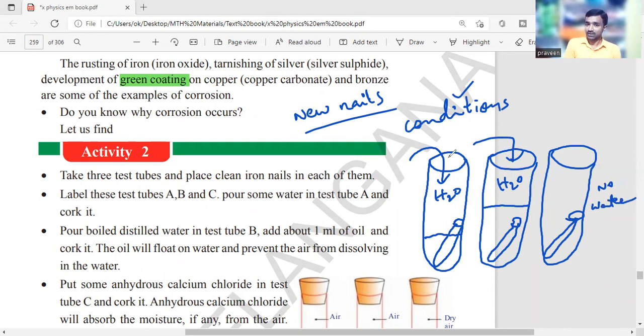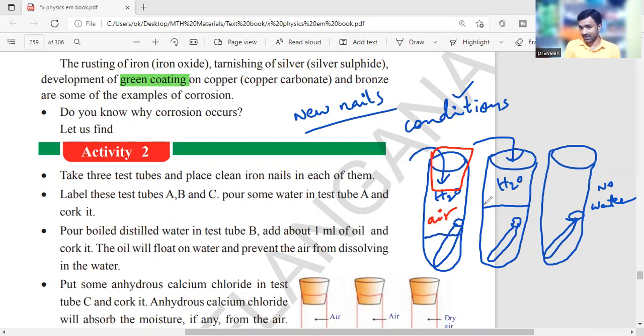Right. So here, I am closing the first test tube with the rubber cork. So here, in this, air gets trapped. Right. In the second one, I don't want to allow this air in contact with this water.